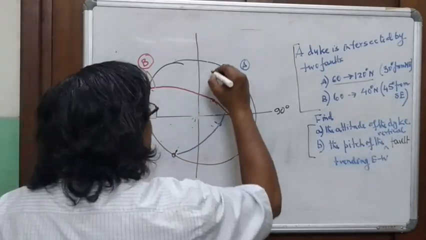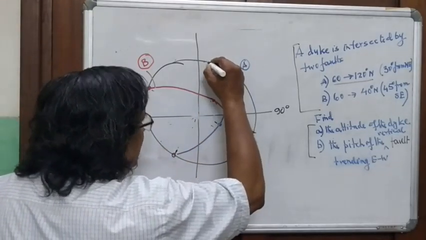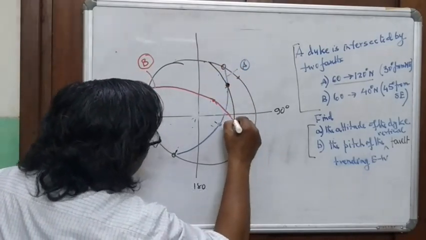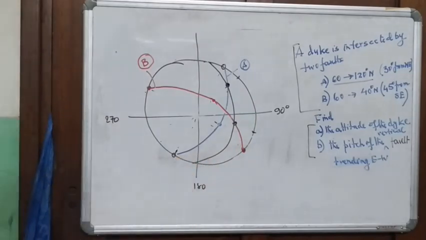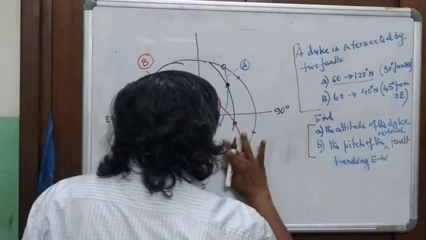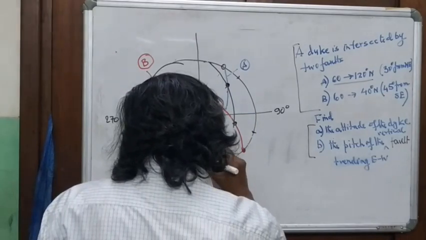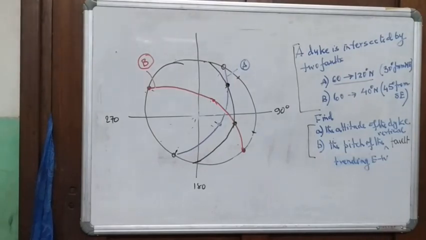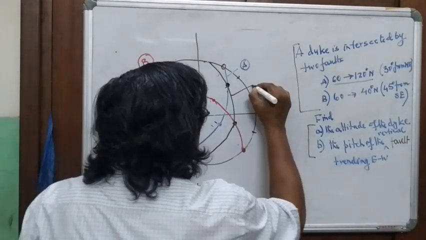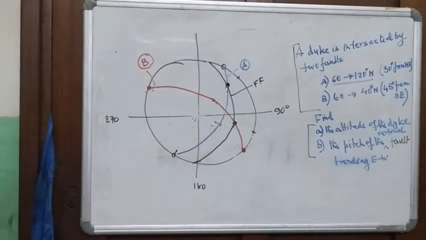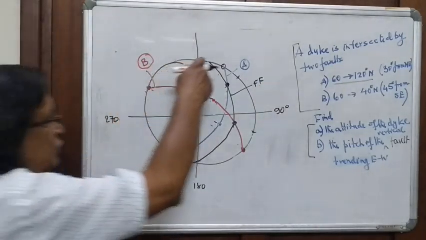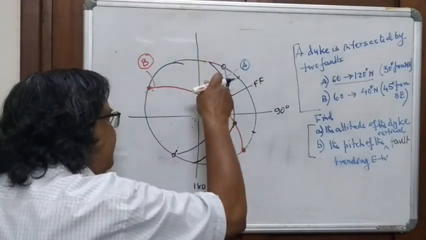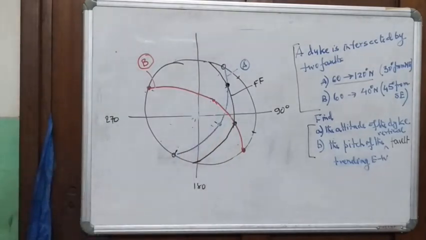So this is the fault plane, FF. Have you understood? This is the fault plane because it passes through these two points, which are the pitch of the dike on the two fault planes.